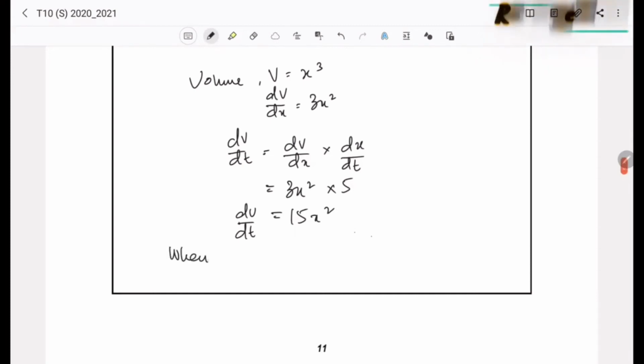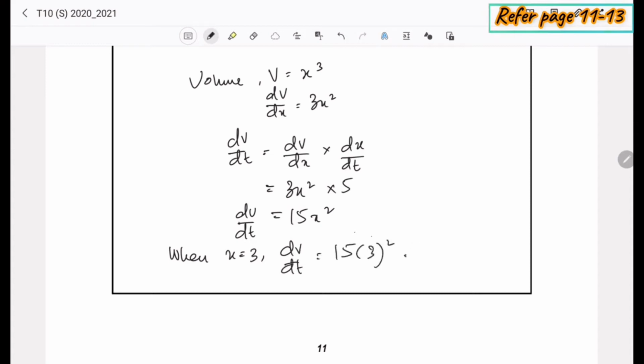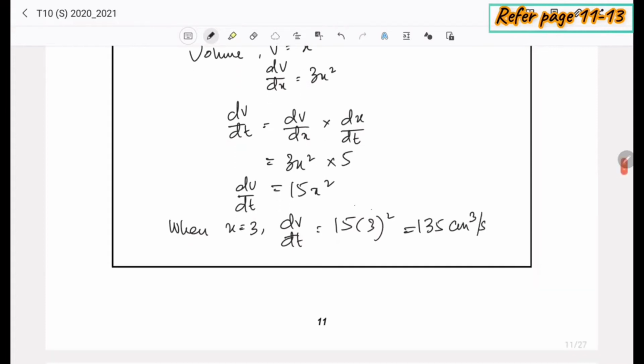When x equals 3, dV/dt equals 15 times 3 squared, so we get 135 cm cubed per second. Hence, the rate of increase of volume is 135 cm cubed per second.